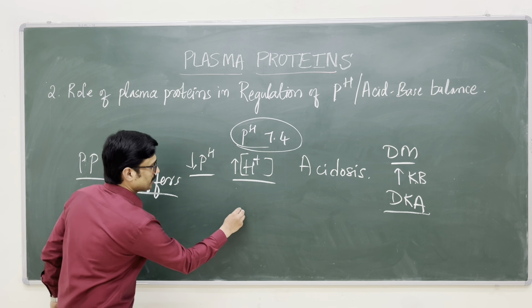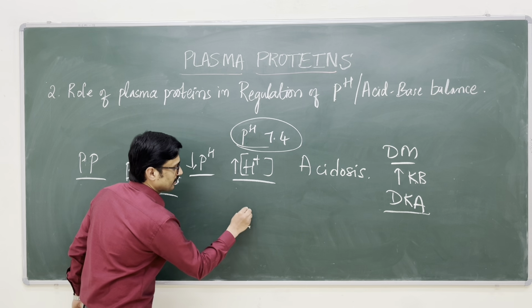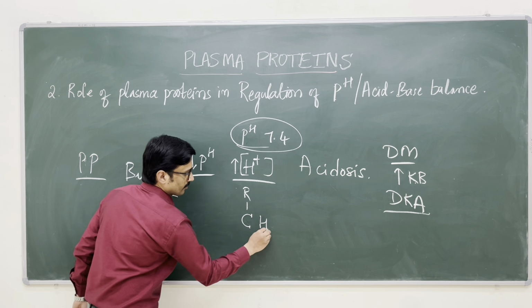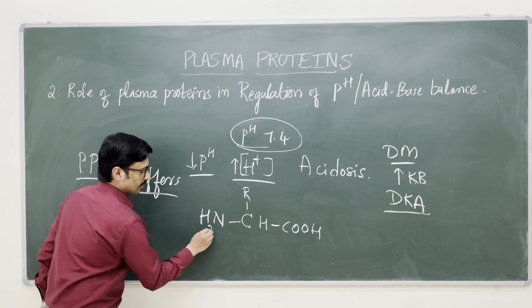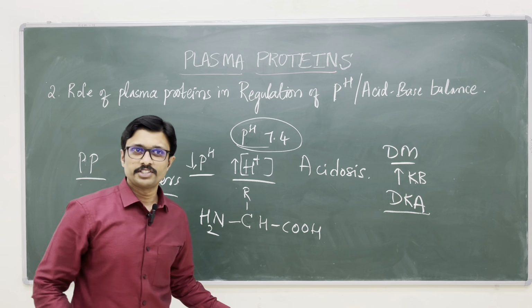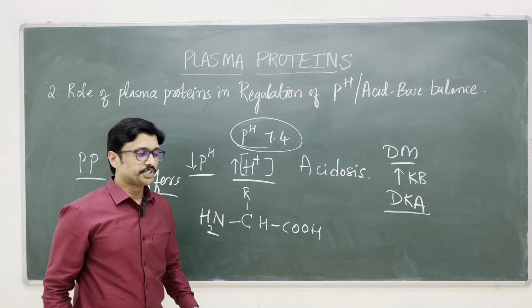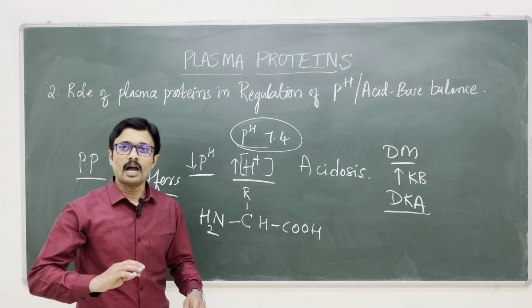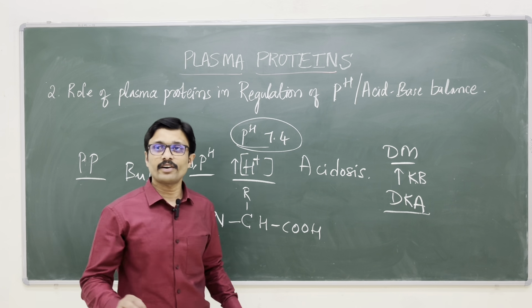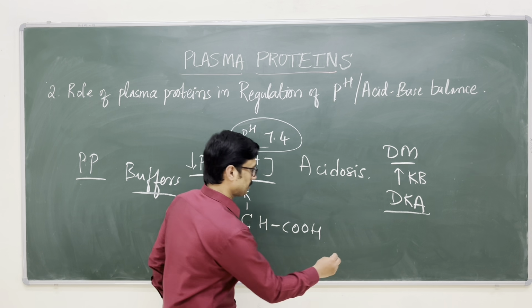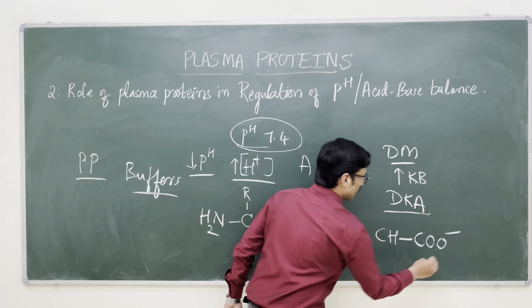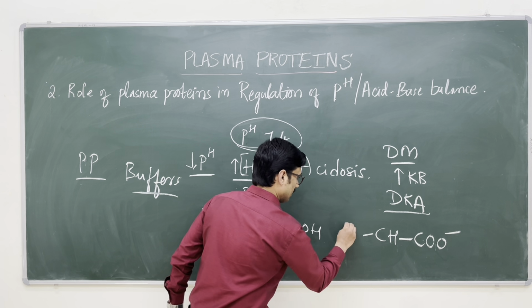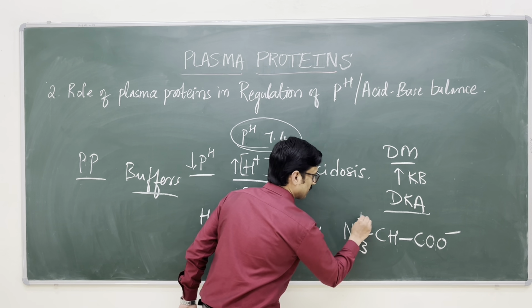See, this is the normal structure of a plasma protein amino acid. This is the structure of an amino acid in the plasma protein. So in solution, the amino acids of plasma proteins exist in the zwitterion state. That means this is the zwitterion state, the ionic state, COO minus, and here NH3 plus.